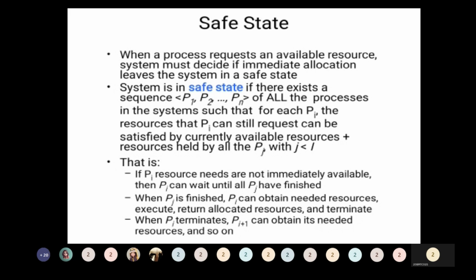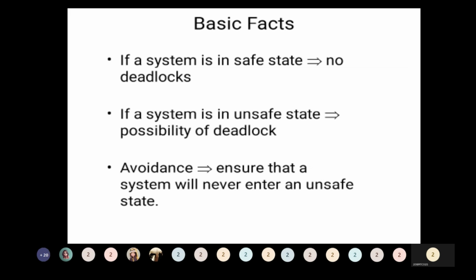When Pi terminates, Pi plus 1 can obtain its needed resources, and so on. In this way, if your system is able to do this, then we call it a safe state. If a system is in a safe state, there will not be deadlock. If a system is in an unsafe state, there may be a possibility of deadlock.